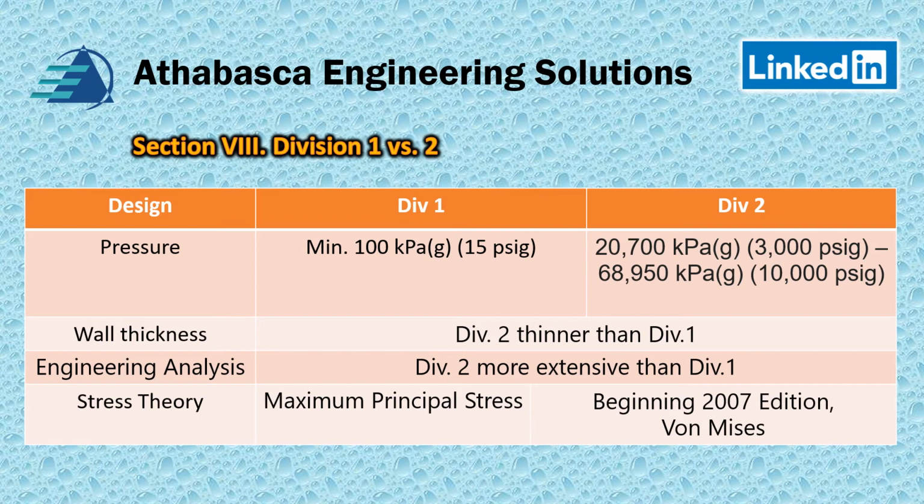Now, the theory for Division 1 is the maximum principal stress theory. And beginning in the 2007 edition, they started using von Mises for Division 2.